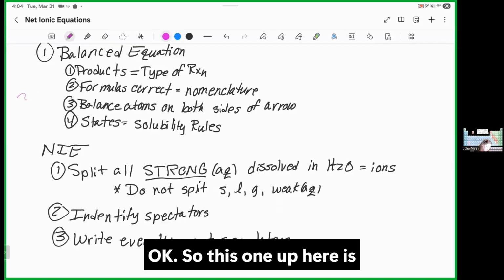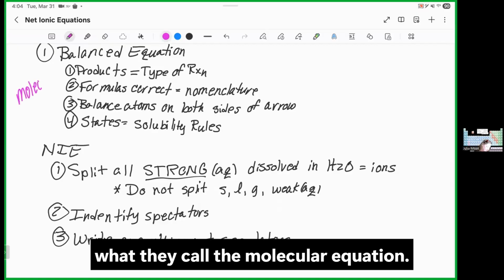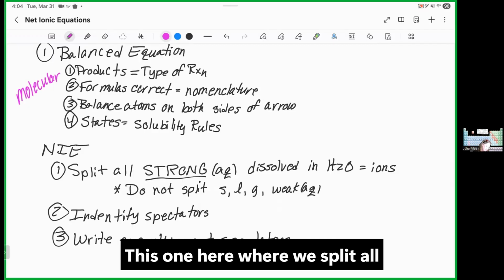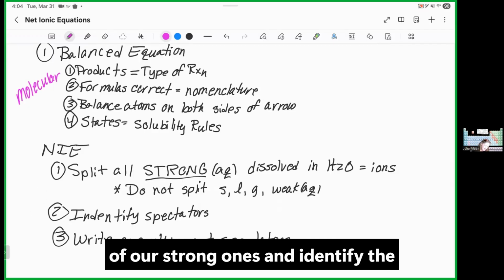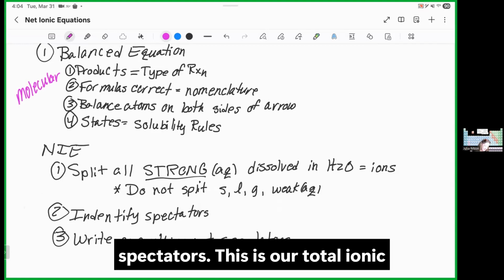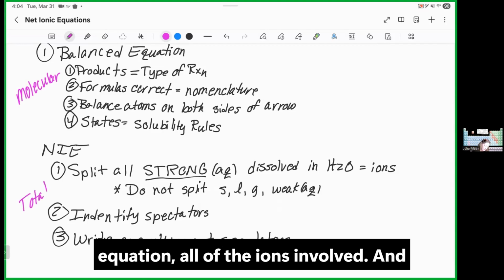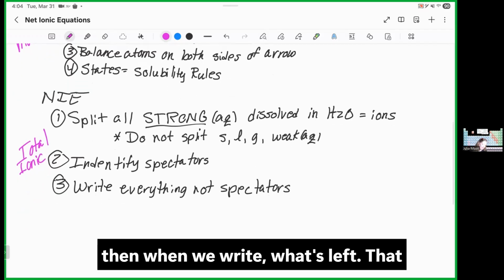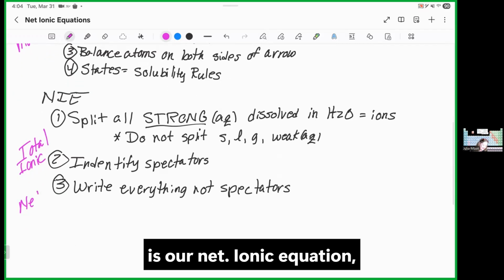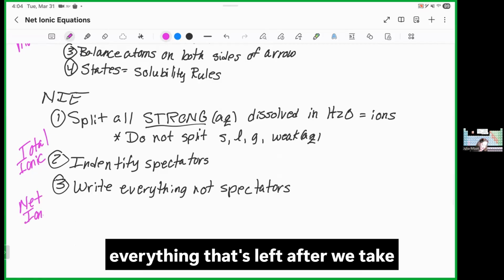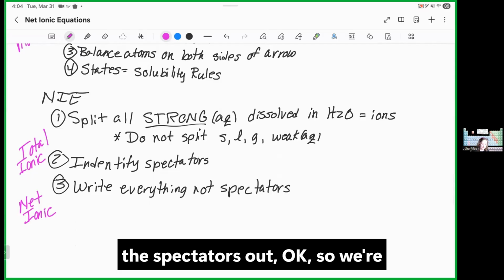So this one up here is what they call the molecular equation. This one here, where we split all of our strong ones and identify the spectators, this is our total ionic equation, all of the ions involved. And then when we write what's left, that is our net ionic equation. Everything that's left after we take the spectators out.